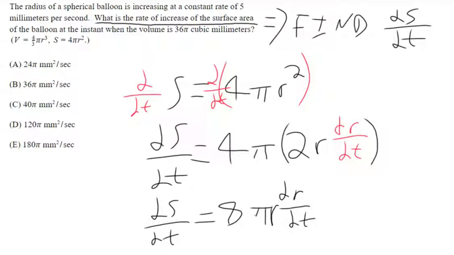We know that the radius is increasing at a rate of 5 millimeters per second, so my dr/dt is going to be 5. So I can put down 5 right here, and then the 8 times 5, I can write as 40, just for the sake of space.